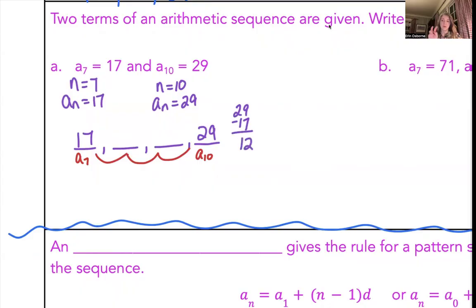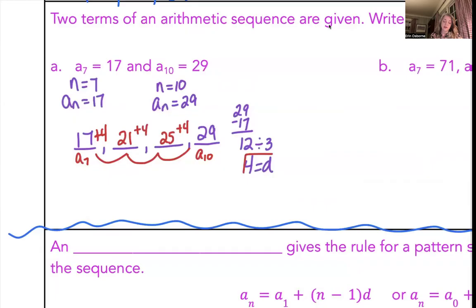And if it took 3 skips to get there by multiplying something, then you can divide it by 3 to get back to a 4 for your common difference. Let's test this out. So if I go plus 4, that's 21, plus another 4, that's 25, plus another 4, you get the 29. So you want to just double check that it works.